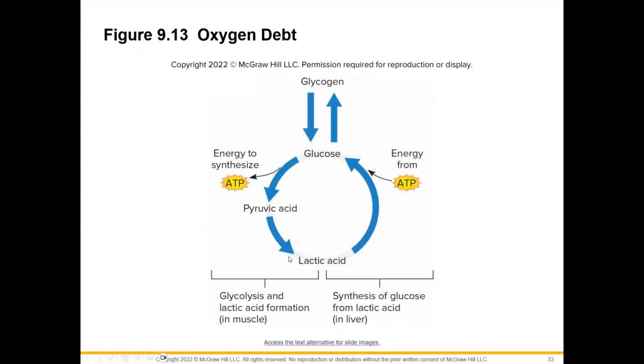Okay, so this is just a continuous cycle, as we say. And hopefully that oxygen debt will be repaid ultimately as the muscles relax and everything goes back to normal.